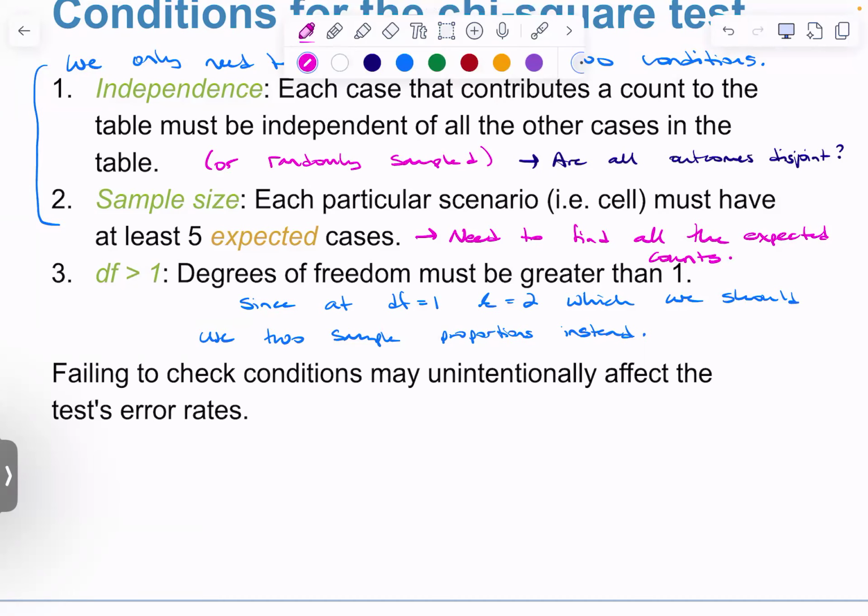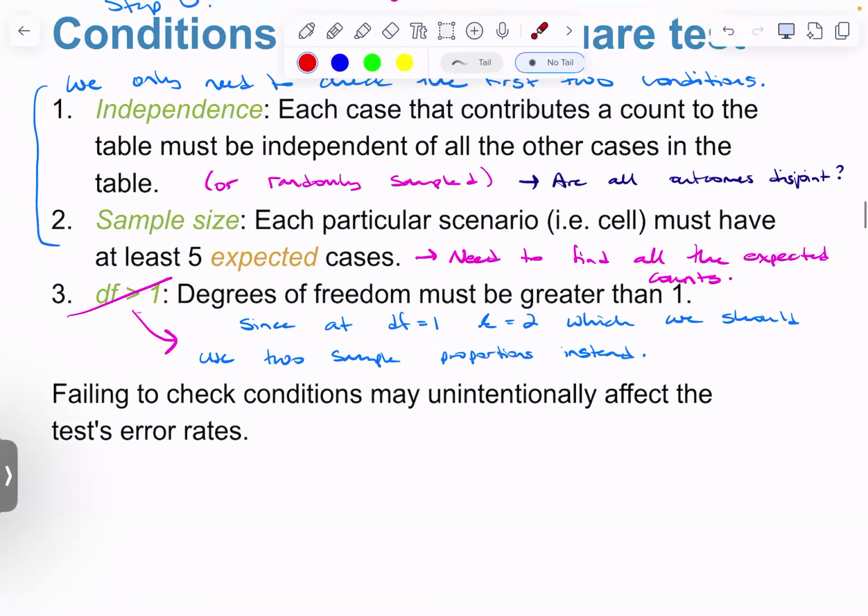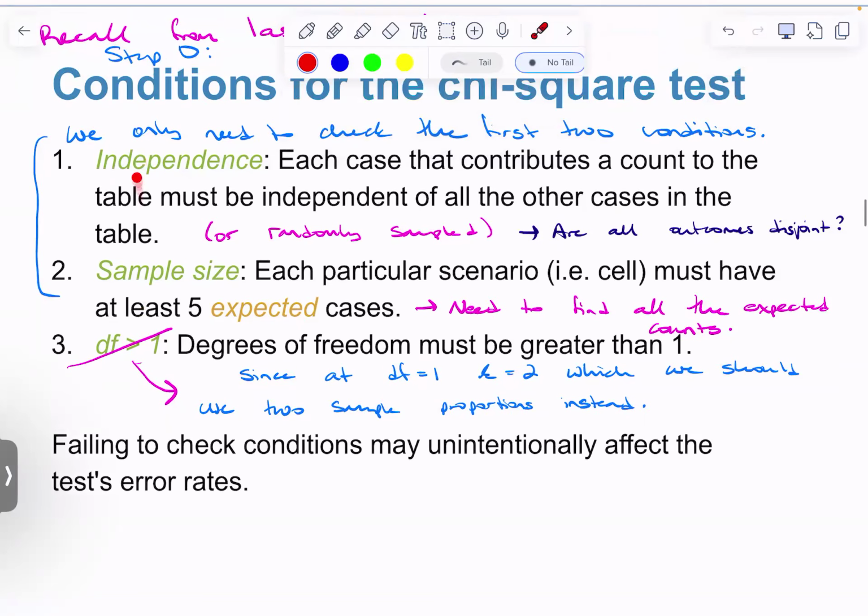Usually, like I mentioned last day, we don't check that degrees of freedom has to be more than 1, especially in a contingency table. That's not an issue. But you do have to have more than 1 degree of freedom, because if it's 1, there's probably a better test that you could do instead. So usually I just skip that one, which means there are only 2 conditions that I need to check.